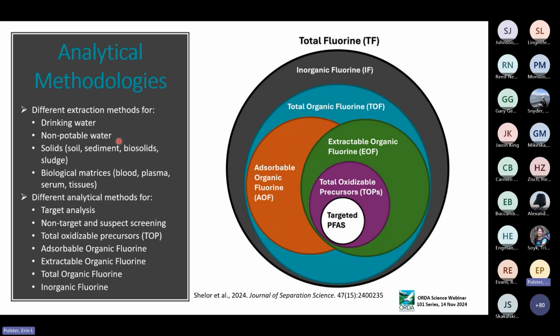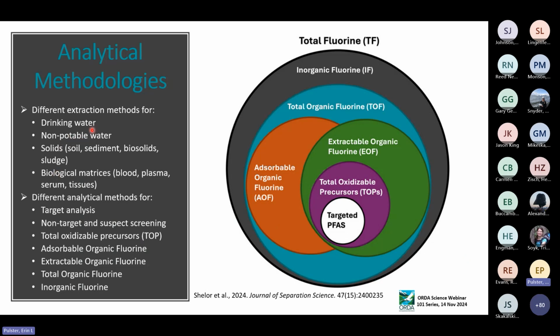EPA 533 and 537 are typically your drinking water. EPA 1633 is trying to include all of these: the non-potable, the solids, and the biological matrices.